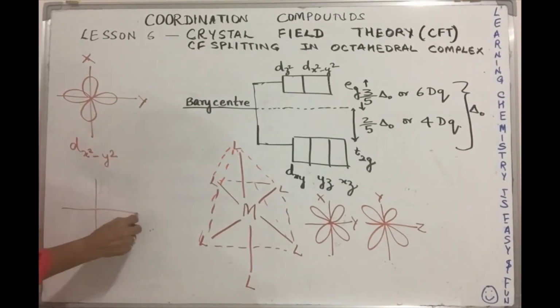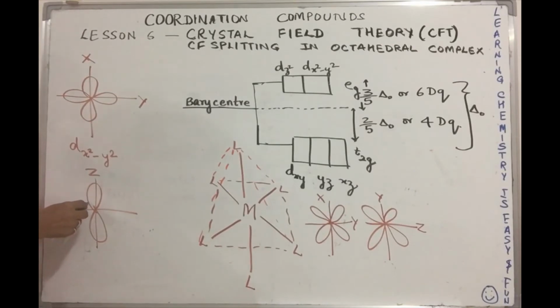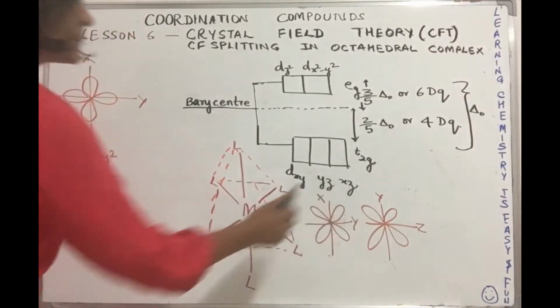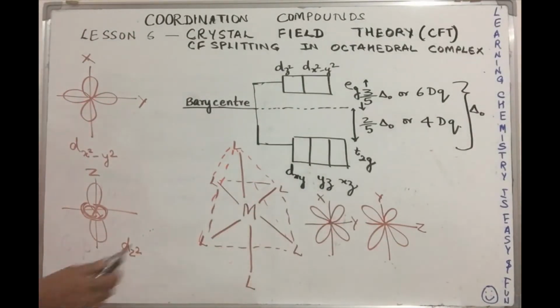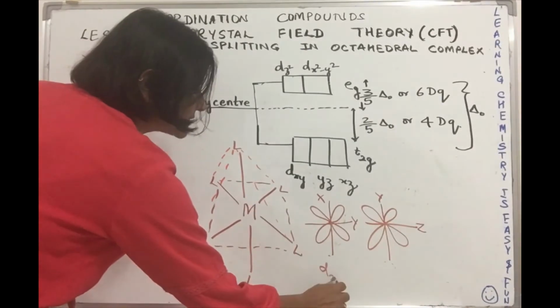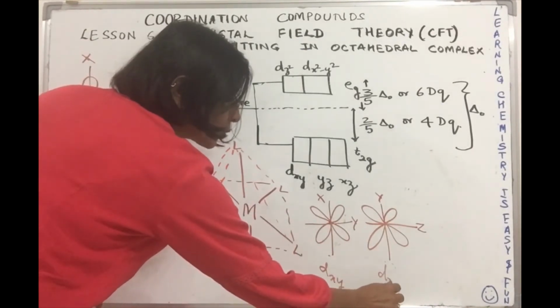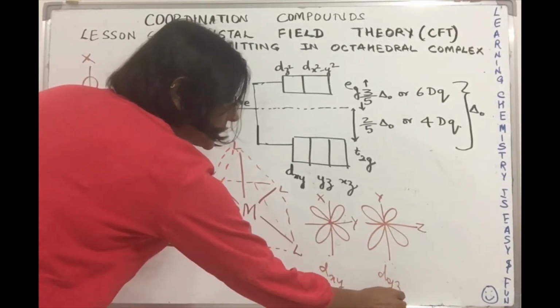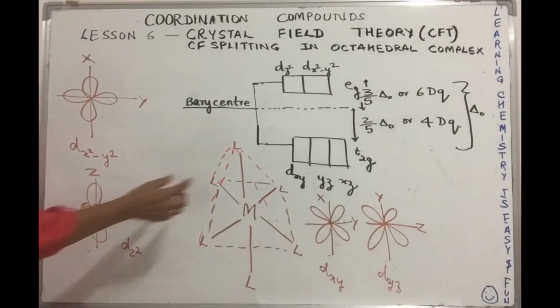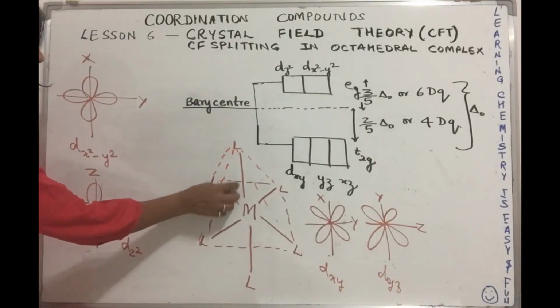Same way, your dz2 has a lobe oriented around the z-axis with a donut-shaped ring around it. And this makes our dz2. So you understand the difference from dxy, dyz and dxz: these lobes are oriented in between the axes.